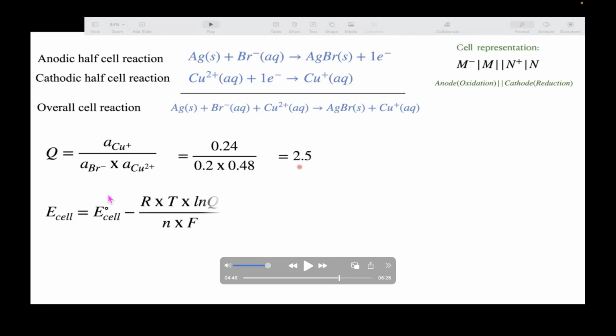Now jumping back to my Nernst equation, I already have E naught cell, I have calculated Q, I know R, I know T, n is 1 here because only one electron was involved in the whole cell reaction, and we know the F value also.